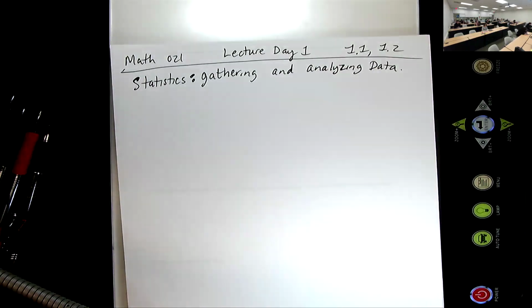That's not the official definition of a statistic. We'll actually hit that today. The definition of a statistic actually means a specific thing, but when people say statistics, this is what they generally mean.